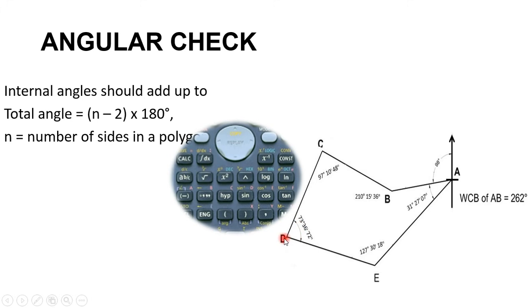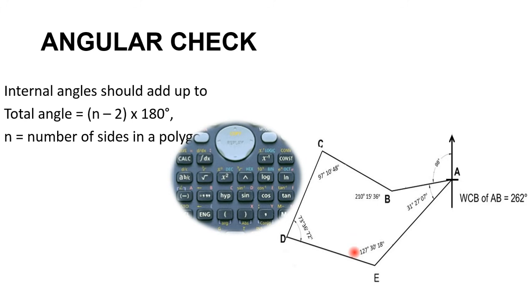Angle D is 73 degrees 36 minutes and 7.2 seconds, not as it is appearing, but it's 7.2 seconds. And then we have angle E, which is 127 degrees 30 minutes and 18 seconds.